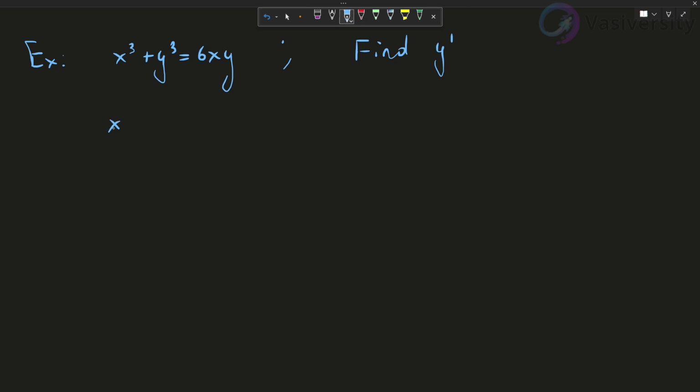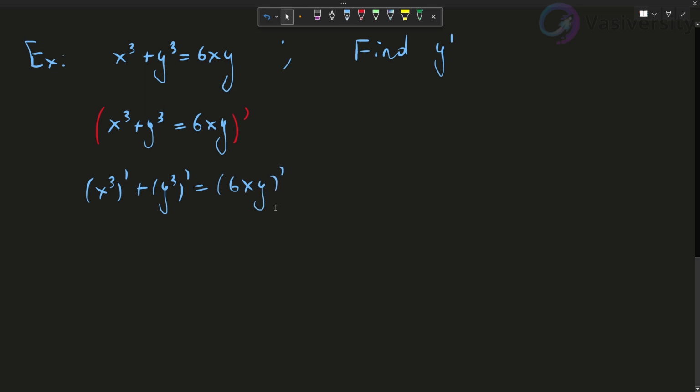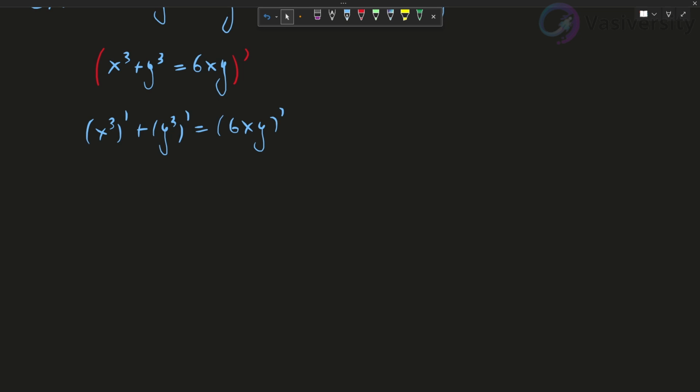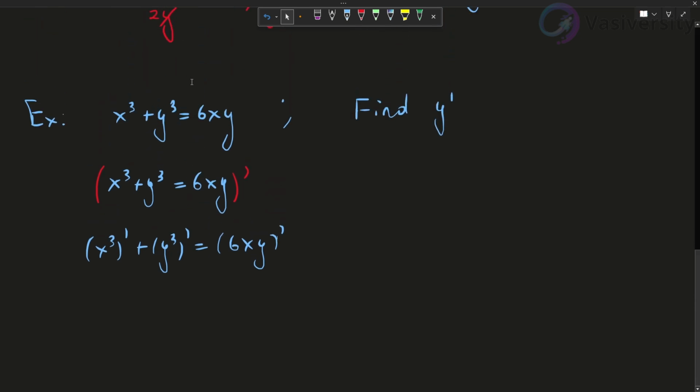That means we're going to again take the derivative of the entire expression, but this time the right-hand side is not a constant. So we're going to have the derivative of x cubed plus the derivative of y cubed is equal to the derivative of 6xy. Ready? So let's differentiate it. This is going to be part A.